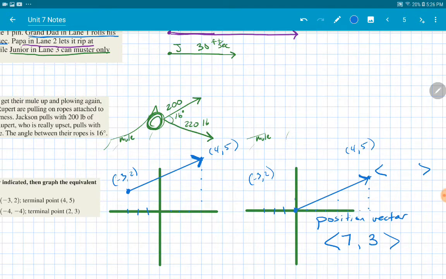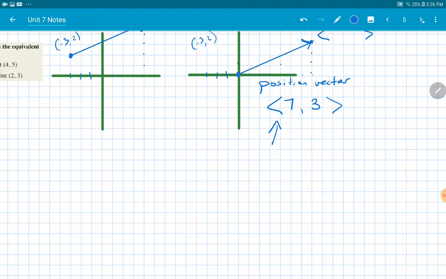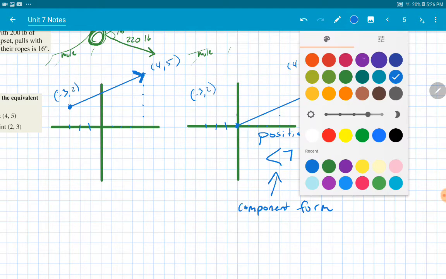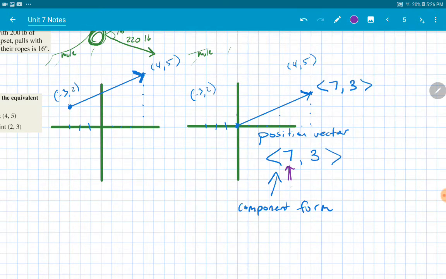These little brackets show me that that is not an ordered pair, but a vector in component form, where this is the horizontal component, 7, and this is the vertical component.